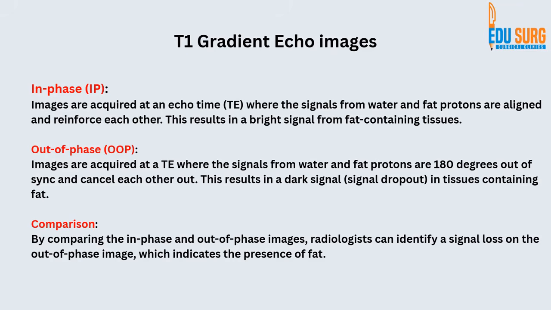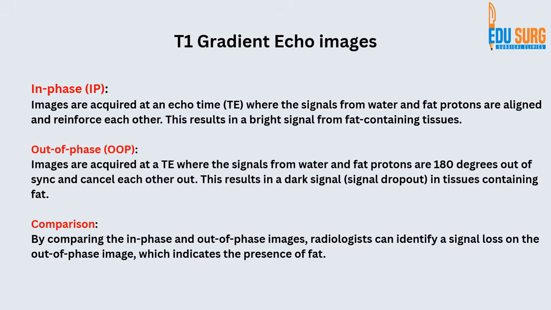In phase means the time when water and fat protons are aligned to each other, before fat starts moving out of the XY plane. Both of them are in one direction, both of them are together. That is in phase. So here you have a bright signal of the fat tissue added to the signal of water as well, so fat looks very bright.